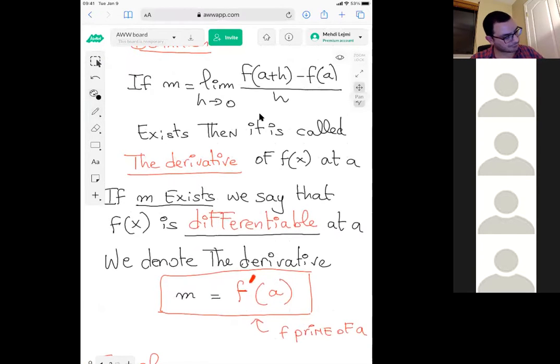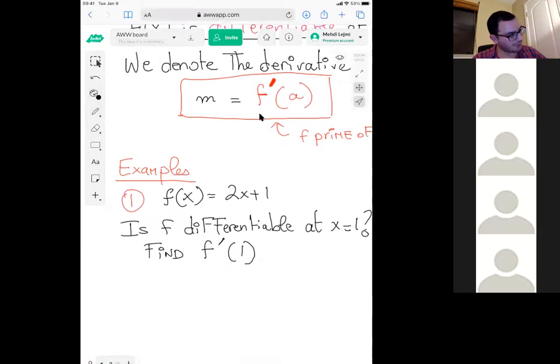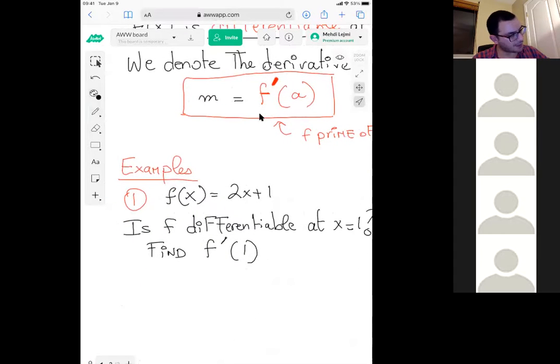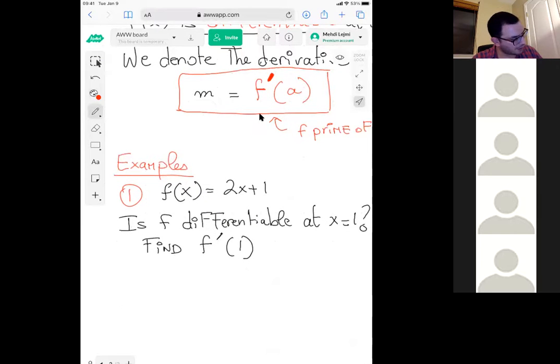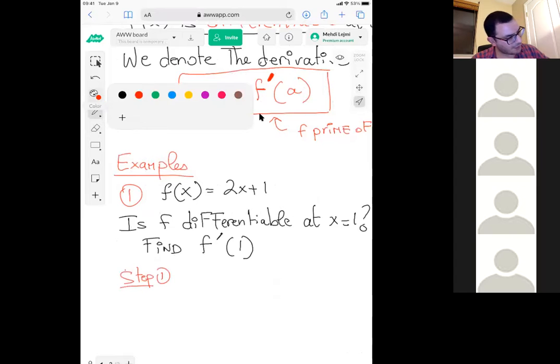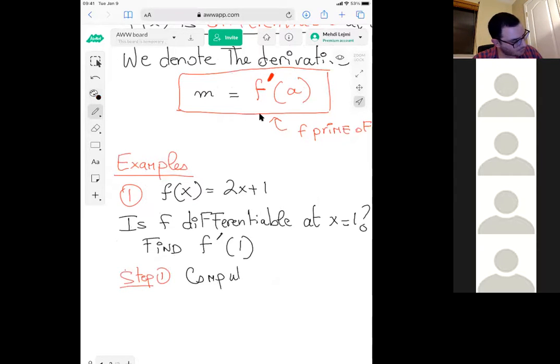So all we have to do, the first step, it's actually only one step. Step 1: compute m, which is supposed to be this f prime of 1.